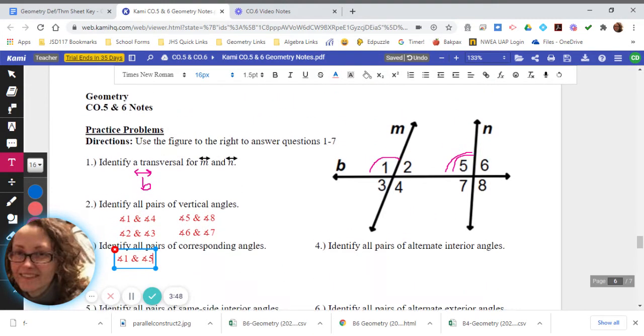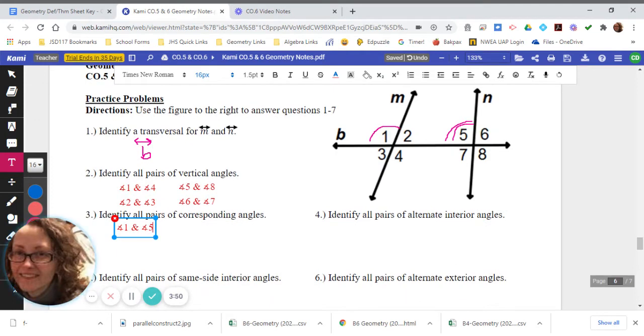If I start with angle 2, then its corresponding angle is going to be 6. 2 is on the top right of its group. 6 is in the top right spot in its group. So angle 2 and angle 6. I encourage you to go ahead and pause the video and try to come up with the other 2 pairs on your own.